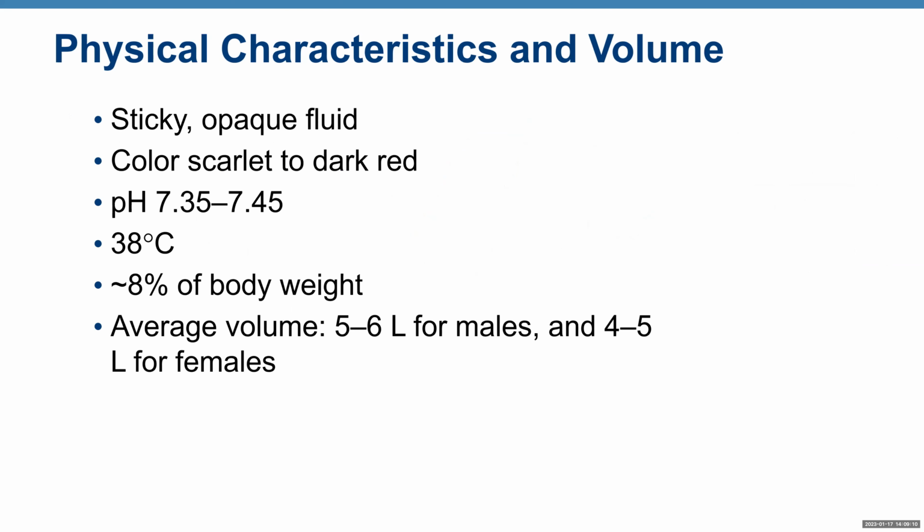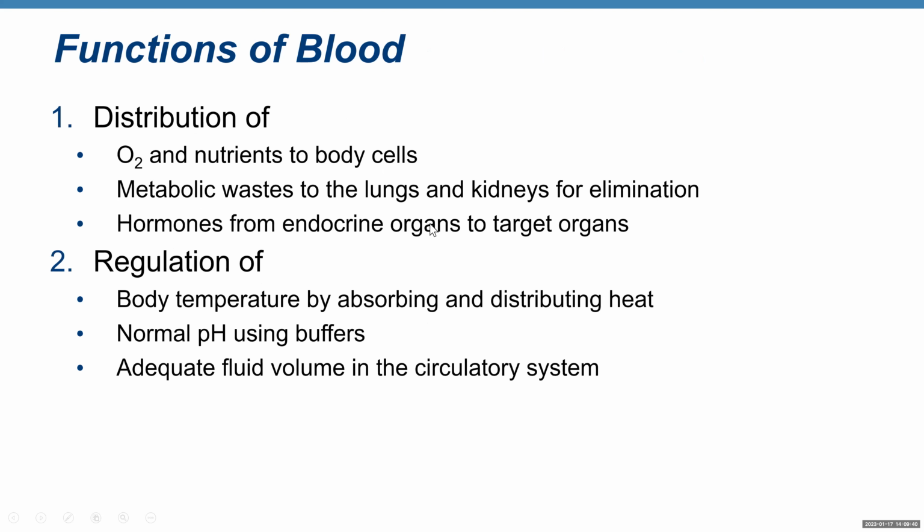Physical characteristics of blood: a sticky, opaque fluid, color scarlet to dark red, pH 7.35 to 7.45, temperature 38 degrees Celsius, about 8% of body weight, and average volume is 5 liters. A little bit more for males, 5 to 6 liters, and less for females, 4 to 5 liters.